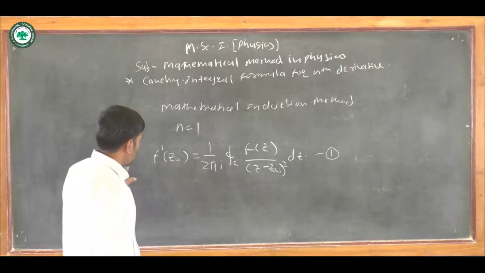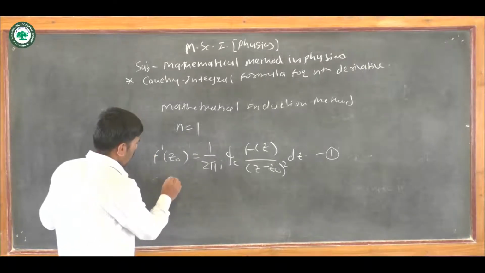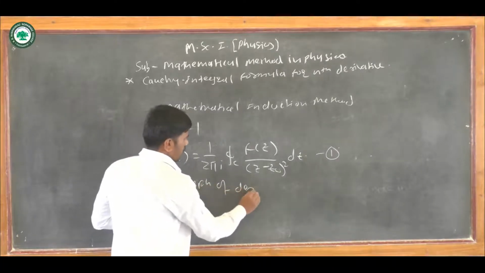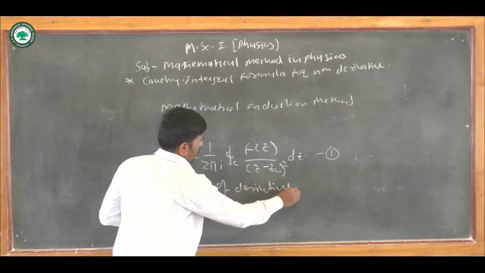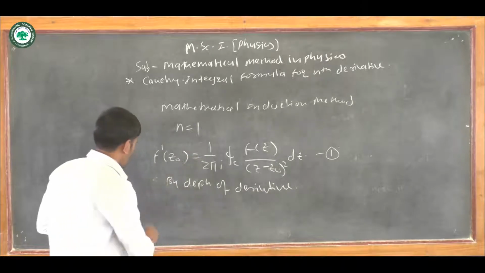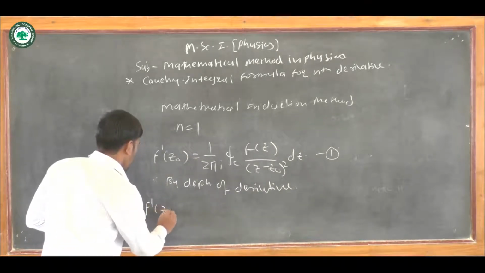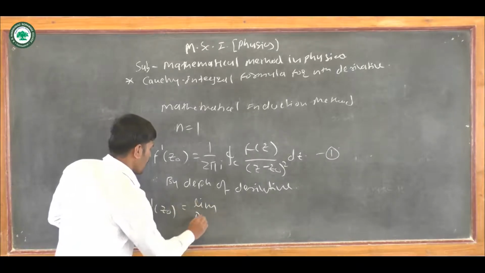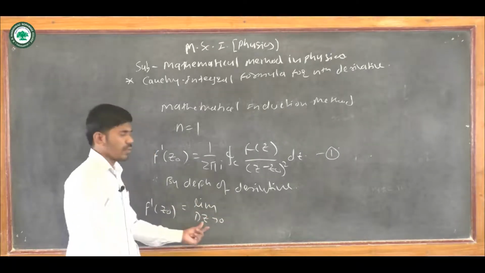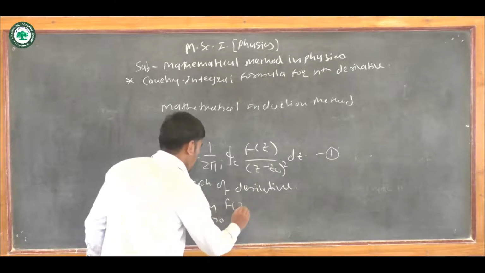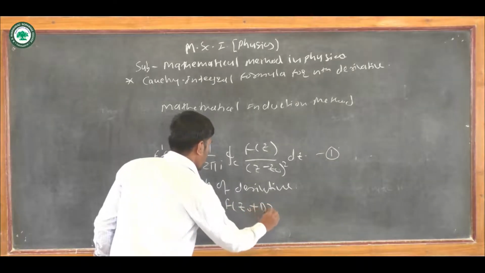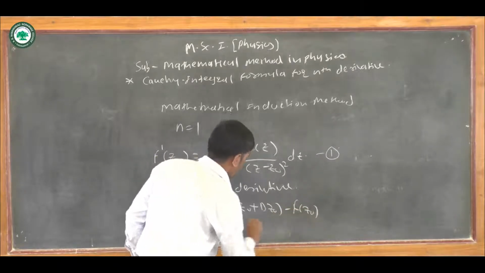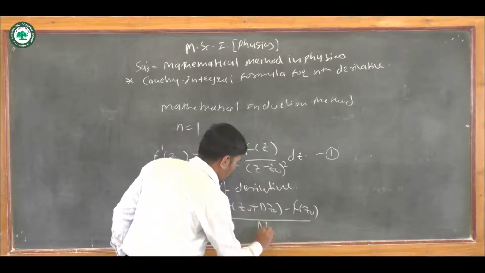Now by the definition of the derivative, f prime of z naught is equal to the limit as del z naught approaches 0 of [f(z naught plus del z naught) minus f(z naught)] divided by del z naught.